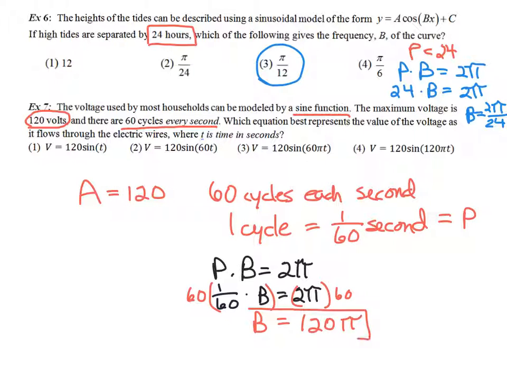So I am getting a coefficient of t of 120 pi. You'll notice that the only one that has 120 pi in front of the variable is choice 4. So that's going to be our trig equation showing an amplitude of 120 and a frequency of 120 pi.